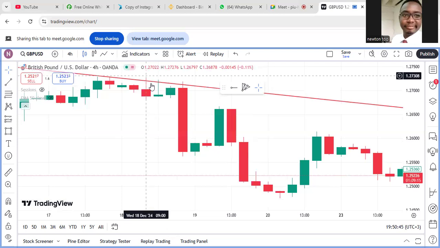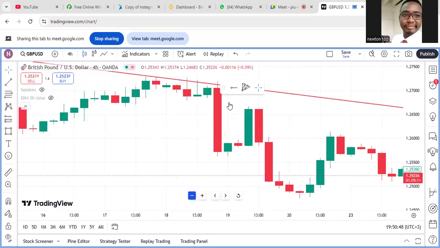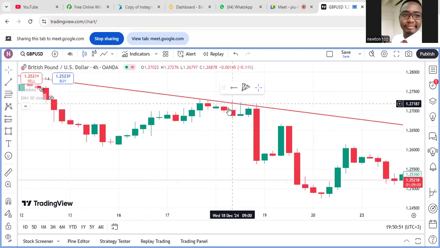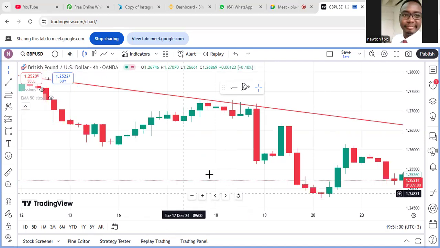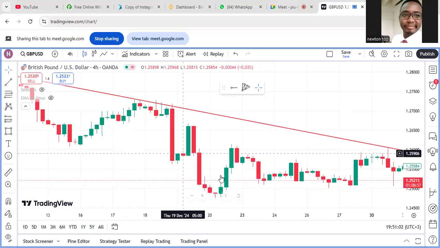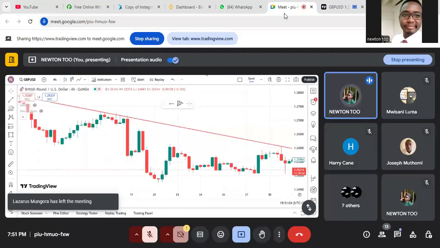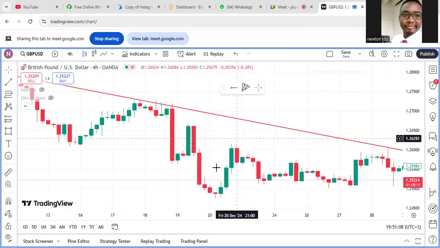This one is called an inverted hammer. It usually means a strong downtrend is about to occur.